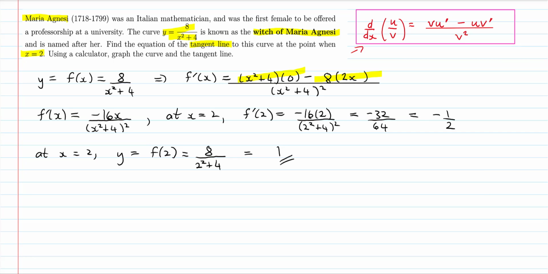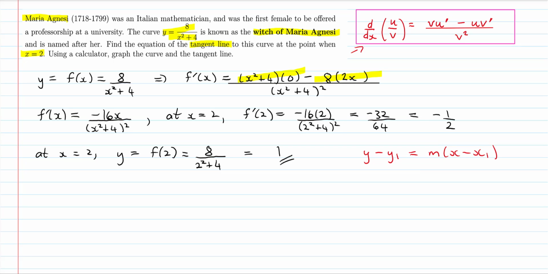Now in general, the equation of a straight line is given by y minus y1 is equal to m times x minus x1, where m is the gradient of the line and x1, y1 are the coordinates of any point on the line.